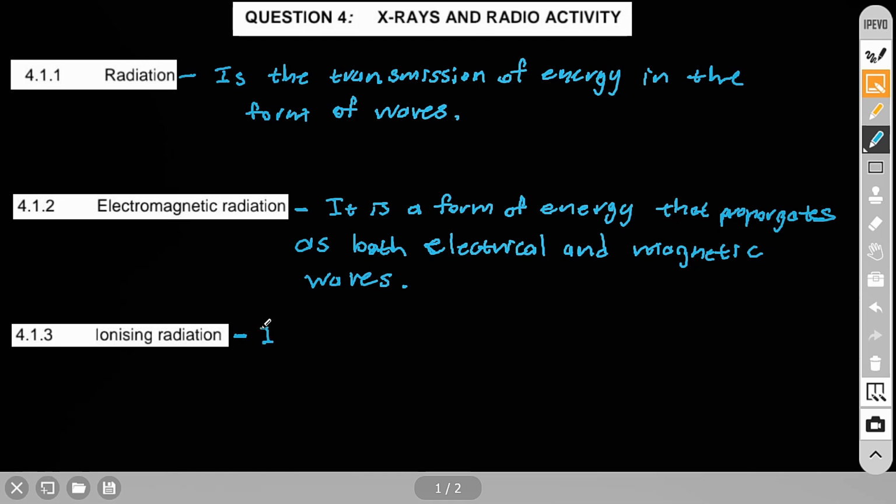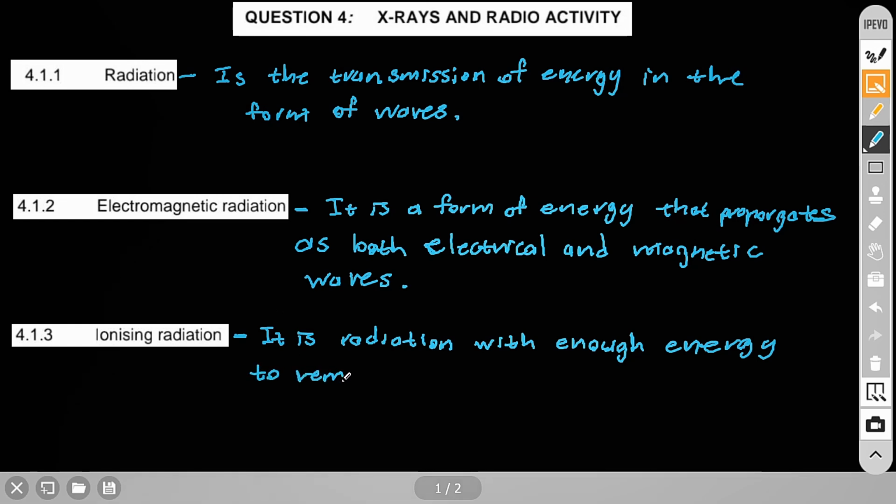So it is radiation with enough energy to remove electrons from the orbit of an atom. So that was your definition.